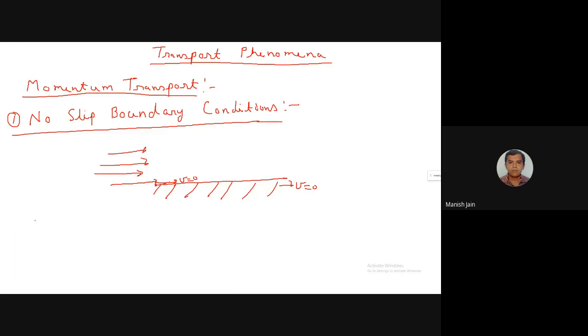Okay, so you can say whenever a fluid comes in contact with any solid boundary, the adjacent layer of the fluid in contact with the solid surface has the same velocity as the solid surface.